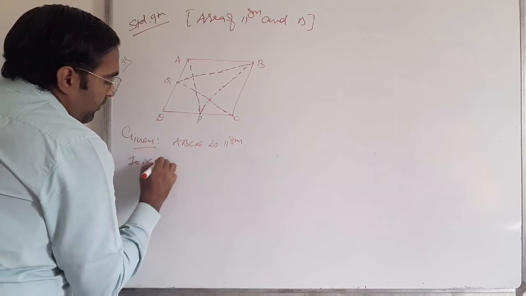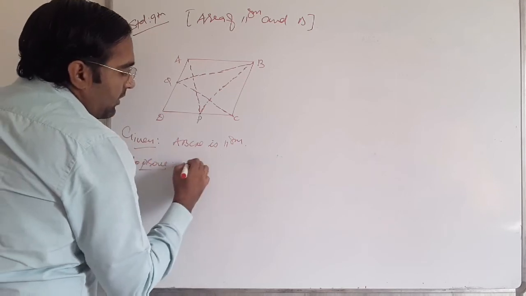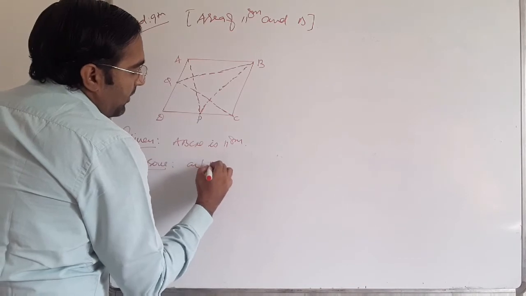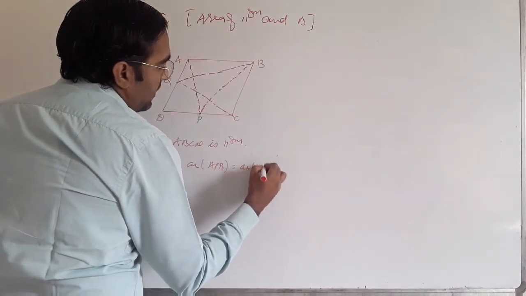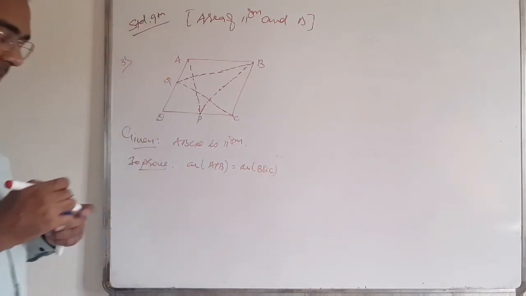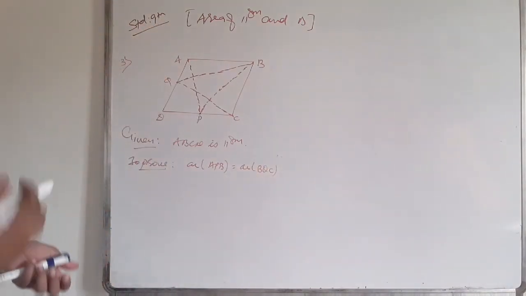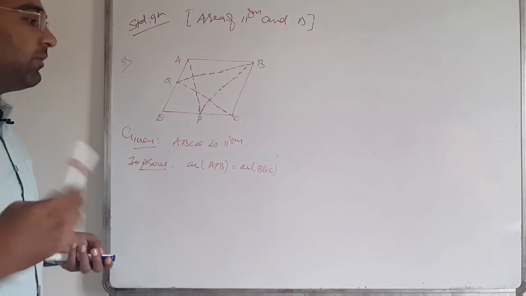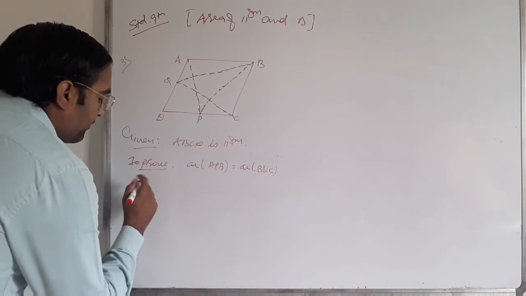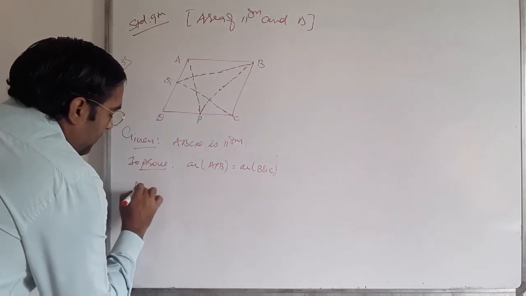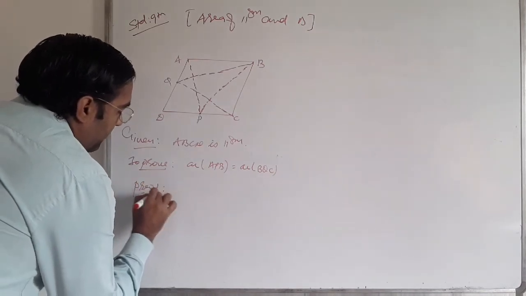We have to prove that area of APB is equal to the area of BQC. Okay, area of triangle APB is equal to the area of triangle BQC. So let's start with the proof.